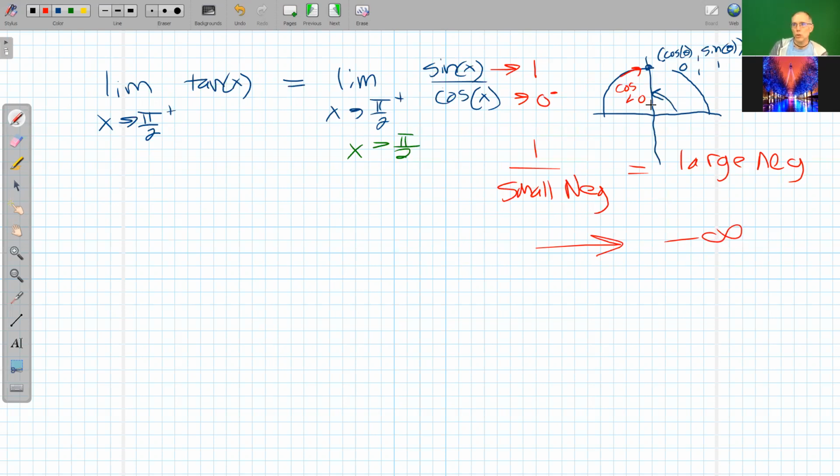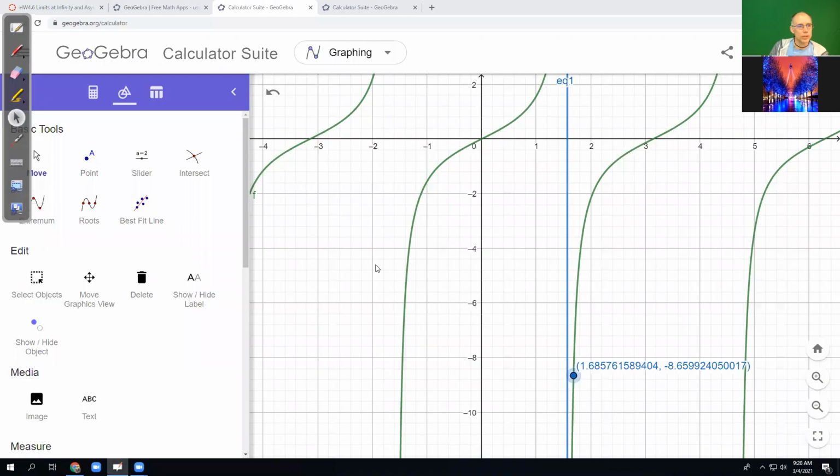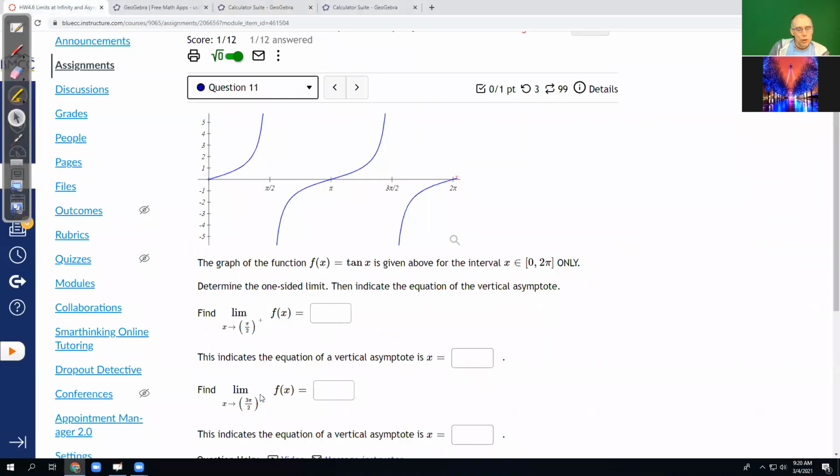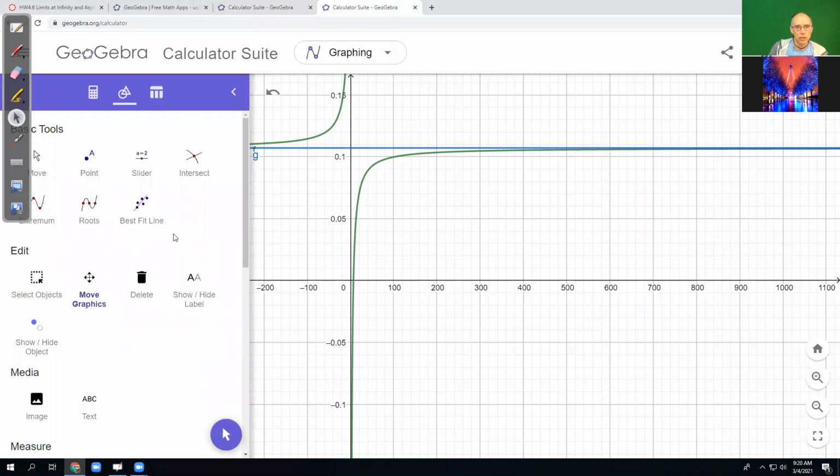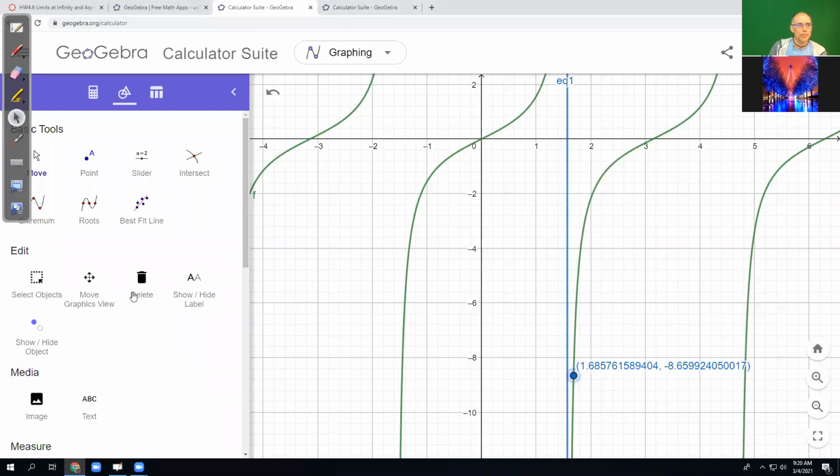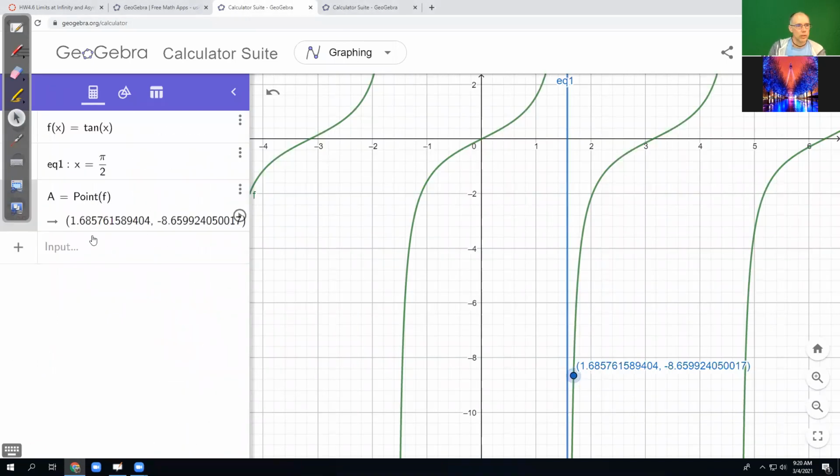And then the other one was 3 pi over 2 on the right side. So here's 3 pi over 2. Let's look at it in the graph and think about the unit circle. X equals 3 pi over 2. And oh, that's interesting.